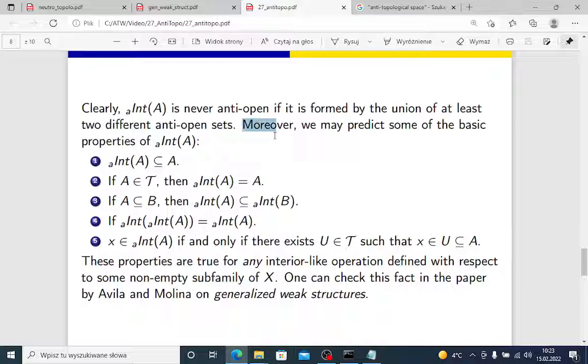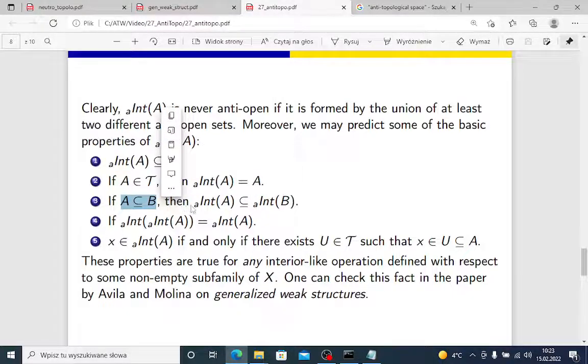Moreover, we may predict some of the basic properties of anti-interior, like monotonicity, like the fact that the anti-interior is contained in the set itself. If the set is anti-open, then it's identical with its anti-interior.